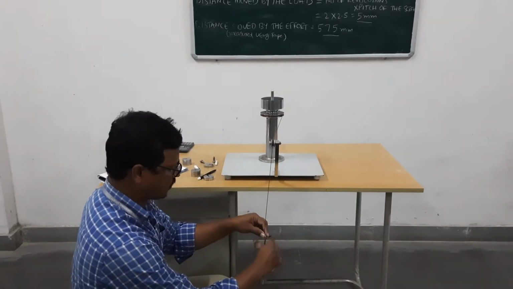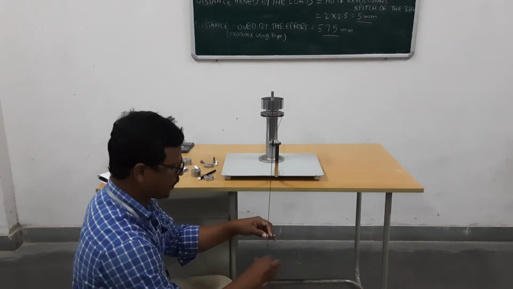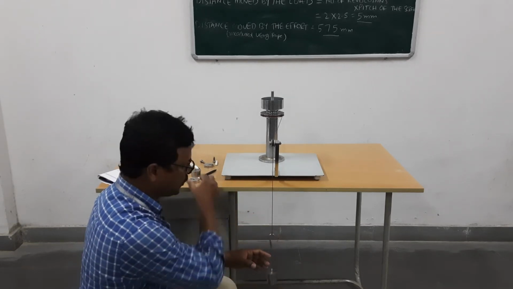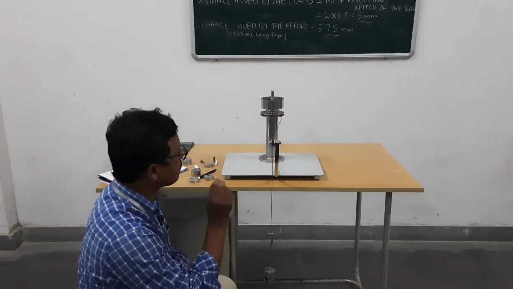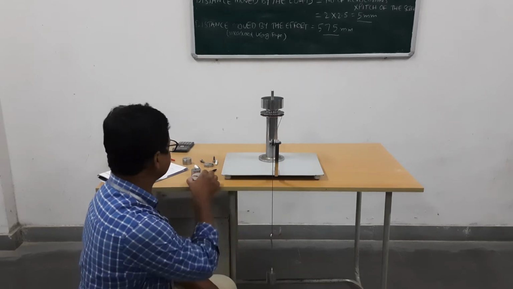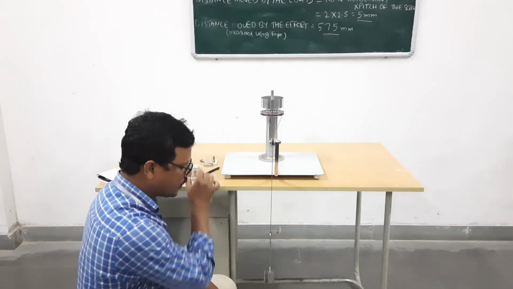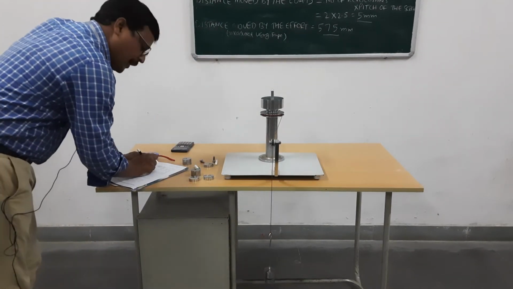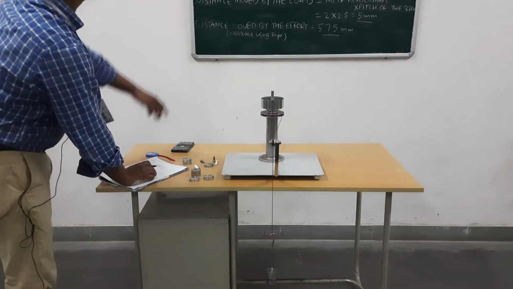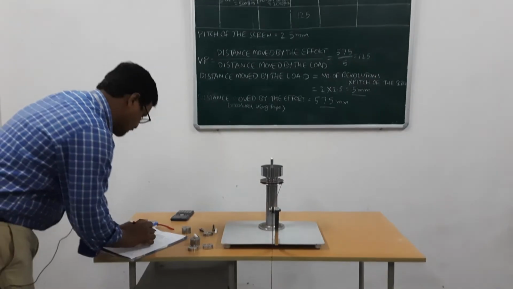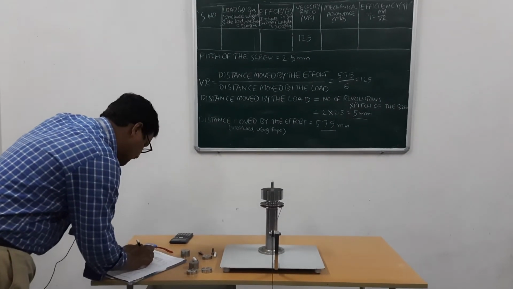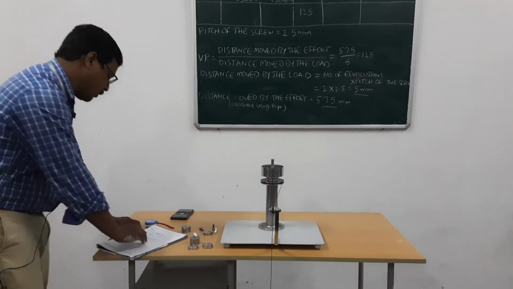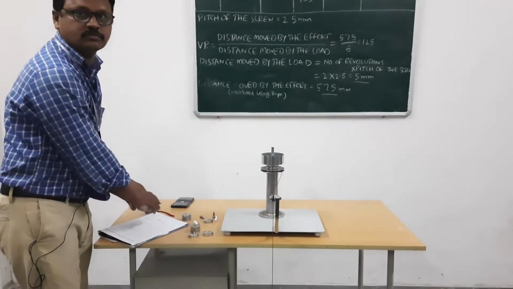It is moving with very high speed. But you need to consider the point at which it starts moving. That is the reason I am not considering this 100 grams weight. So my effort is 200 that I am keeping here, plus I should include the hanger weight of 200 grams. 200 plus 200, the effort value is 400 grams and the load is 2500 grams.